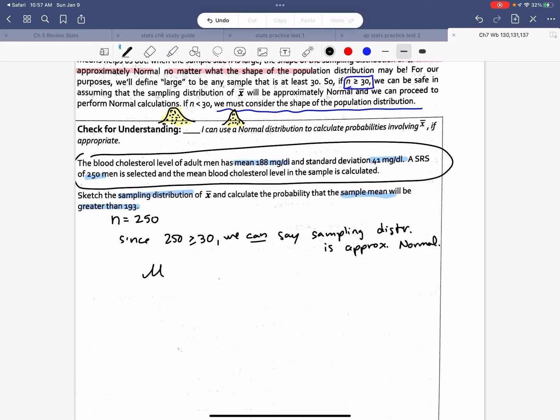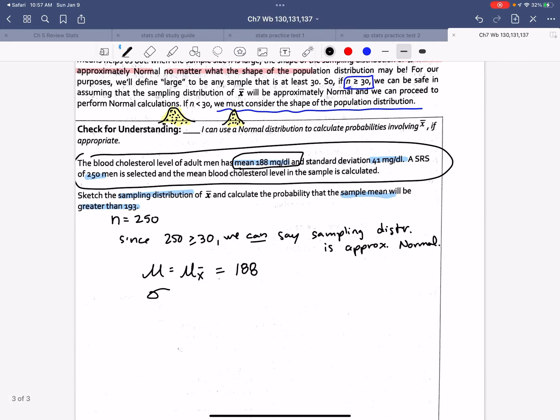We said that whatever mu is, mu x-bar would be the same, and we're told that the mean is 188. And sigma, we're told that sigma is equal to 41, but sigma x-bar would equal sigma of the population over the square root of n.